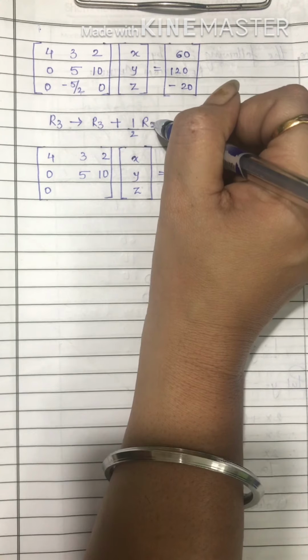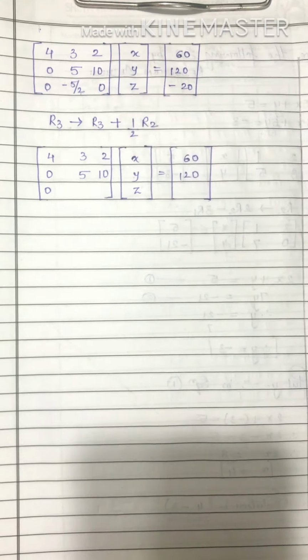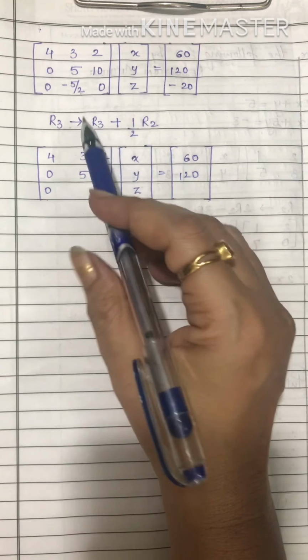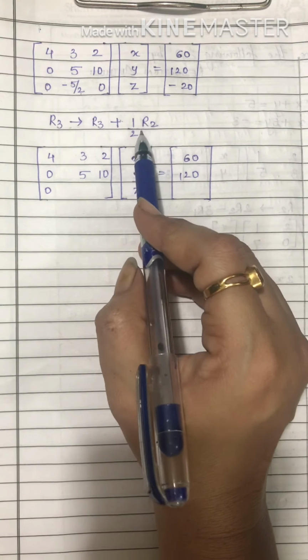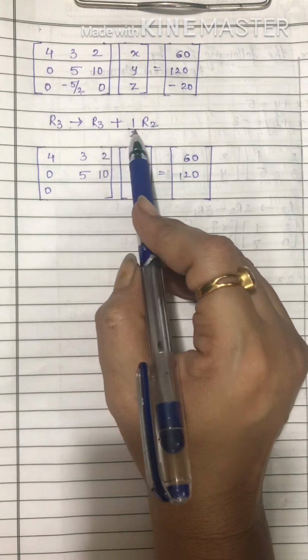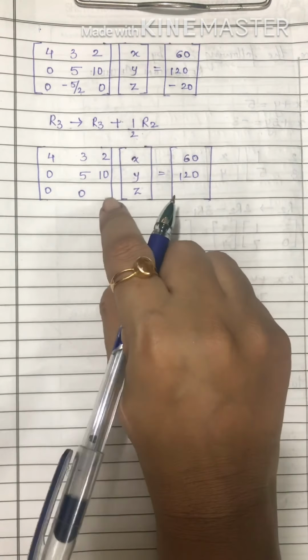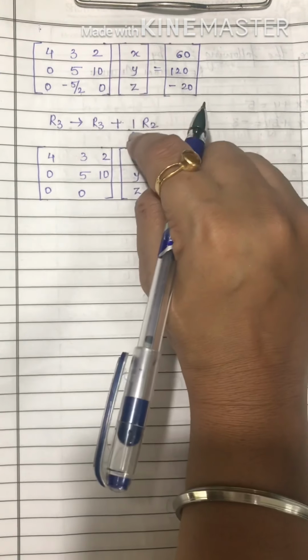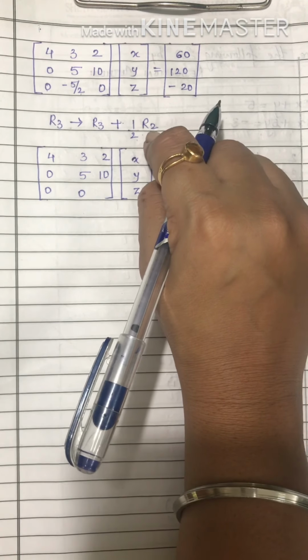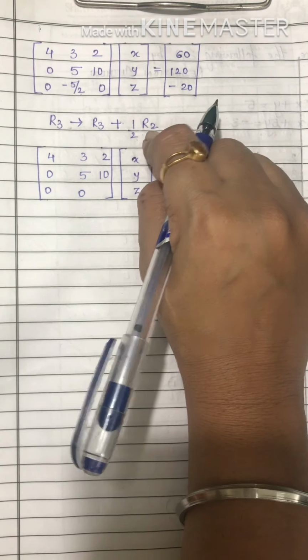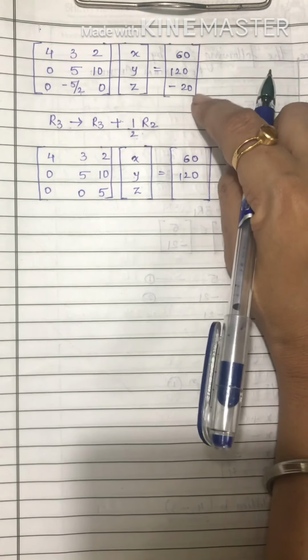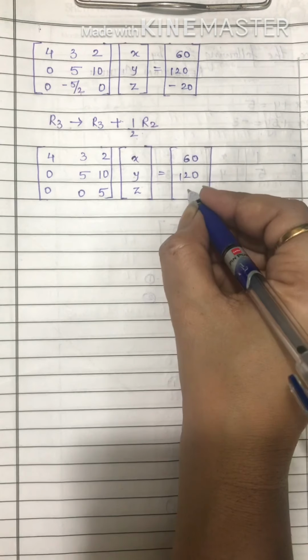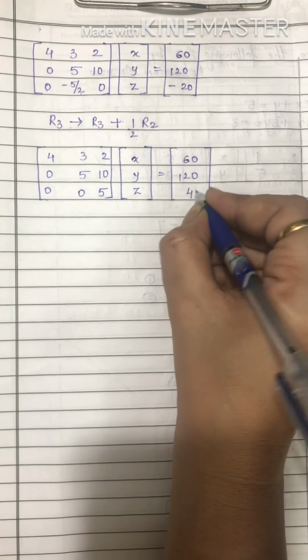Minus 5 upon 2 plus 1 upon 2 into 5, that is 5 upon 2. So minus 5 upon 2 plus 5 upon 2 gives us 0. And in the same way, 0 plus 1 upon 2 into 10, that is 10 upon 2, which gives us 5. Solve the same way in the RHS. On solving, we get 40.